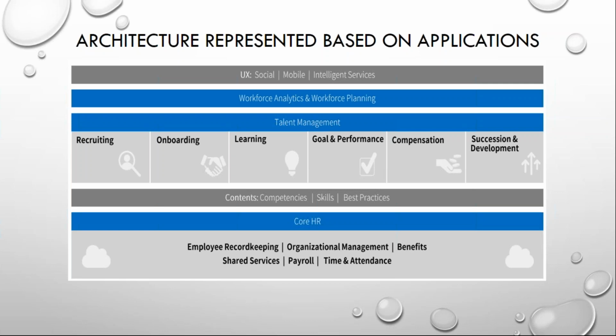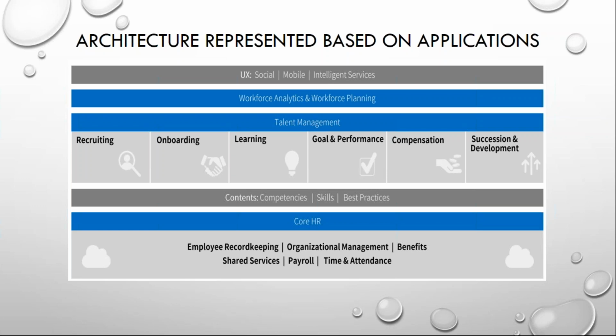When it comes to the module wise, HR business function wise architecture, how does the data sit, how do the processes go? The core HR information, which is the employee personal administration, organization management, benefits, payroll, time and attendance, which are part of the Employee Central module, stands as the base for all other modules to operate.